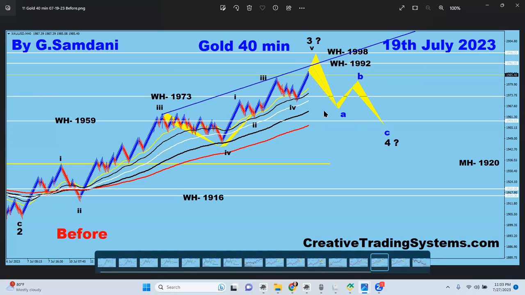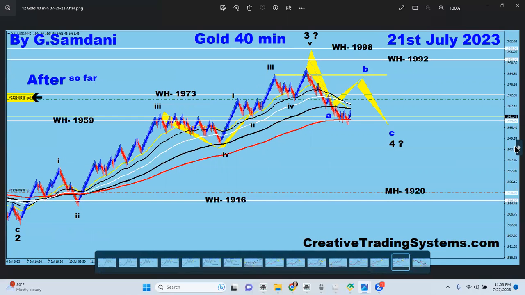So I said, now we're going to drop here, here, here in this fashion. What happened? We dropped here, and this dropping here, this was my trade to the downside. Like I said, sometimes I take the trade, but most of the time I just bypass corrections and just be on the side of the impulse wave.